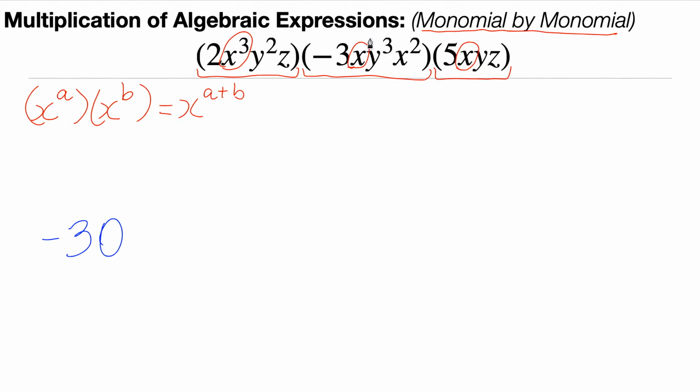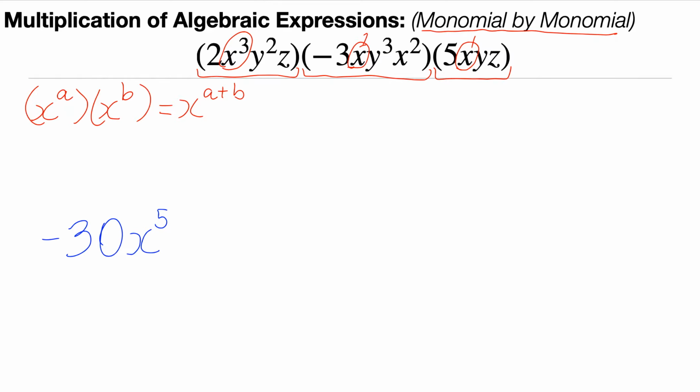So we have here an invisible 1 as an exponent, and we have here also an invisible 1 as an exponent. Okay, so 3 plus 1 is going to give us 5. So therefore, in our final answer, this will be x raised to 5.